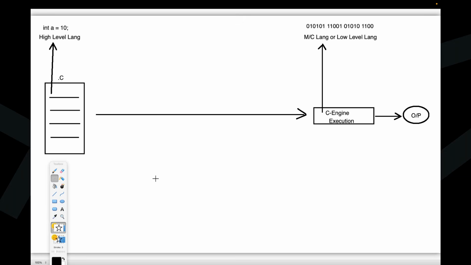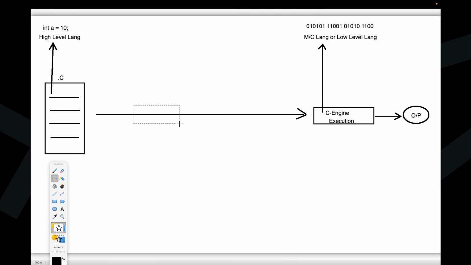If you have any translation mechanism from high level to low level, then our problem is going to be solved.